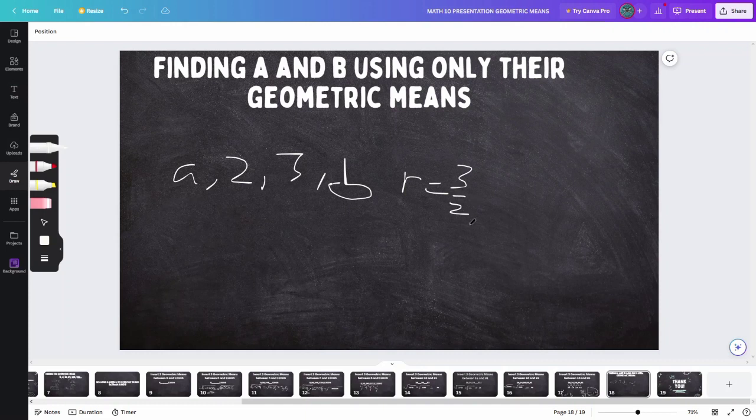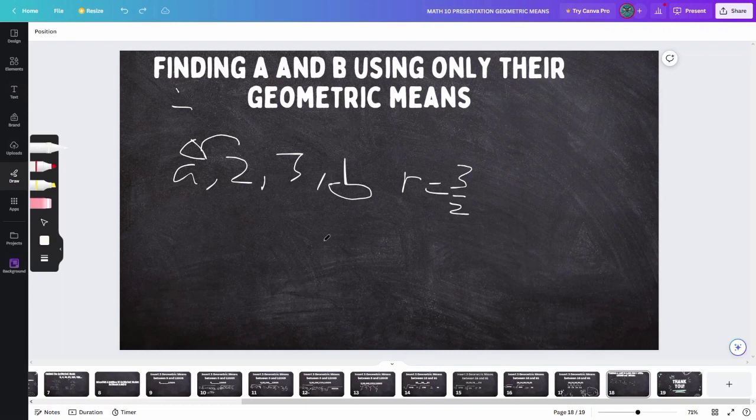The thing about this is, if you're going to the left, you're going to have to divide. It's basically the opposite of the process. If you're going left, that would make it divide. If you're going right, that would make it multiply.